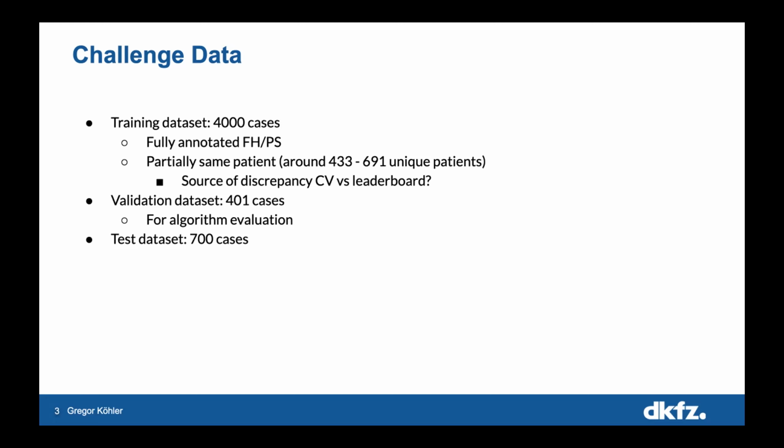This can lead to some kind of information leakage, which can skew the results to look better than they are, but maybe we'll see. And anyway, for the validation and test phase, or phase 1 and 2, there were more images.